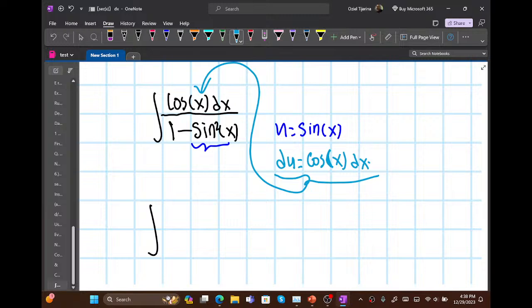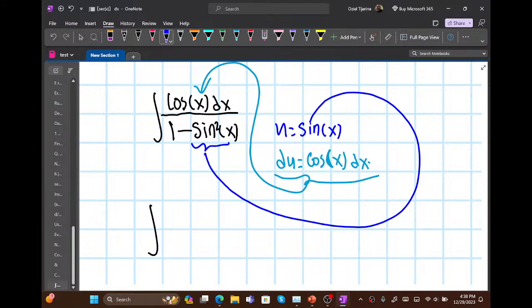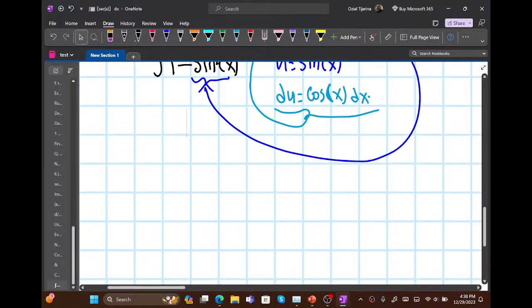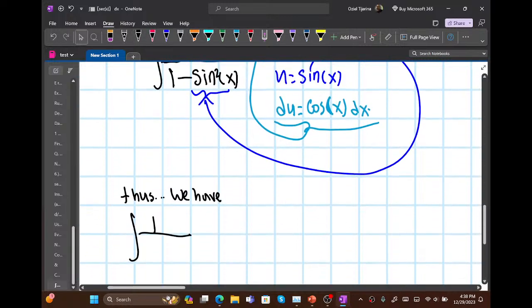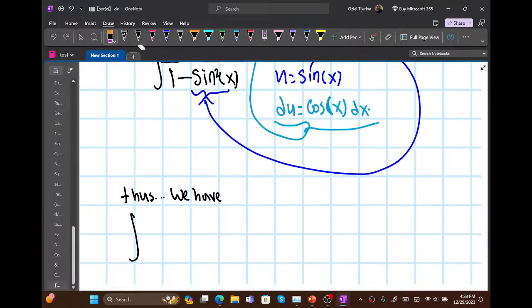Oh, I see, okay. And then this is going to go in for that, but it's going to be squared. So therefore we have the integral of 1 over, I'm sorry, excuse me, of du.